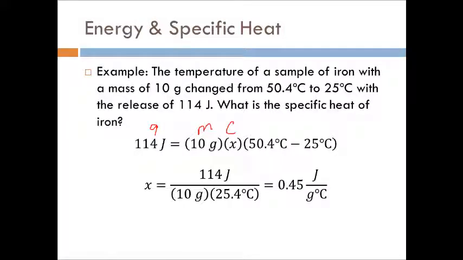We don't know C, that's what we're looking for. And our difference is 50.4 minus 25. So we divide the 114 by 10 times that difference, which is 25.4, and you end up with a specific heat of 0.45 joules per gram degree Celsius.